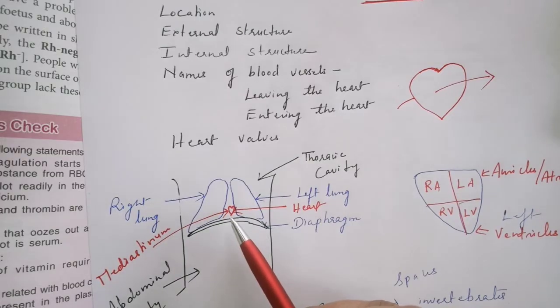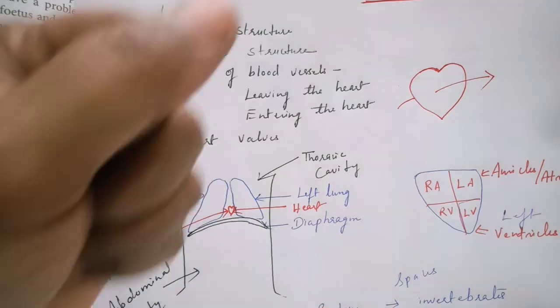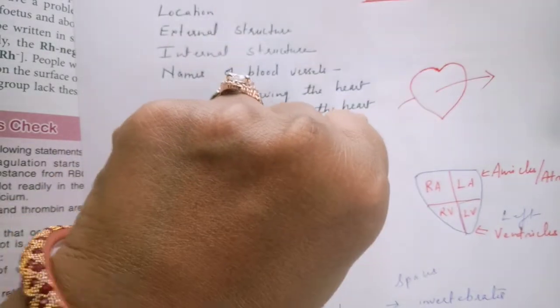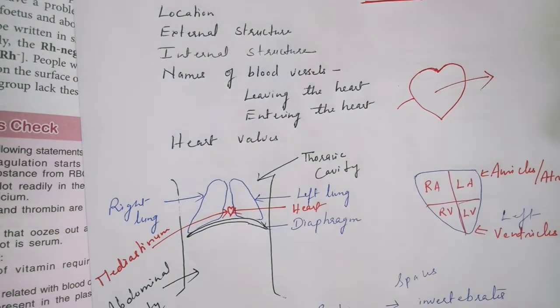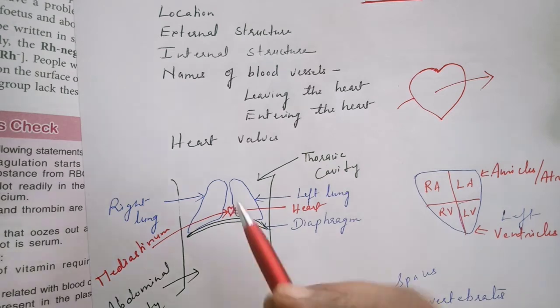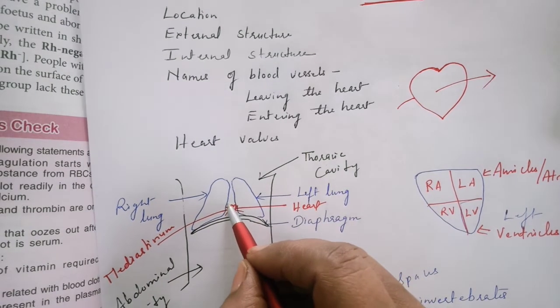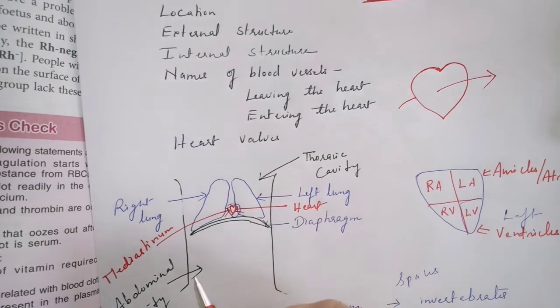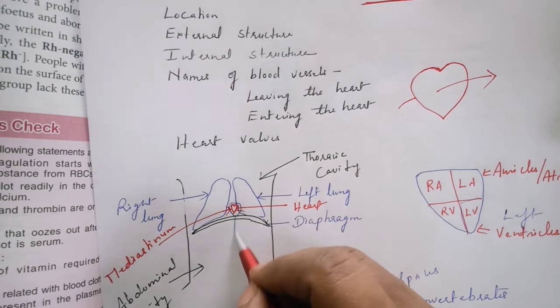The heart in the human adult is about the size of the closed fist of a particular person. Like my heart will be of the size of my fist, and other people's hearts will be of the size of their fists. And this heart is covered by a double layered membrane, which is known as the pericardium.